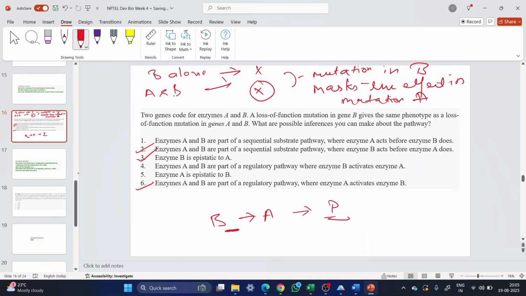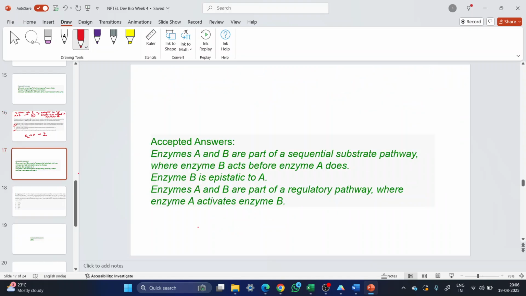This means that B is masking the effect of A, which means that B is epistatic to A. Second is your sequential pathway logic, where the order is first B is converted to A and A is converted to product, because B is epistatic to A. Therefore, whatever B makes is directly converted to the product, which means B is coming before A, and A basically activates B. So this is the correct answer.